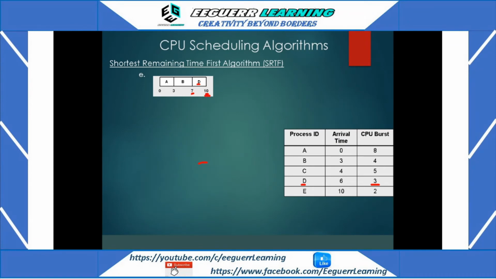The total time here is 10. We can now check from our arrival time, or the time scheduling, up to here. We have here an arrival time of 10, so this will now be part of the options of the CPU to be scheduled.